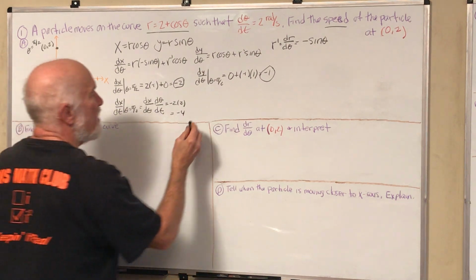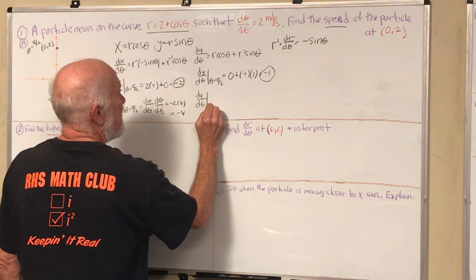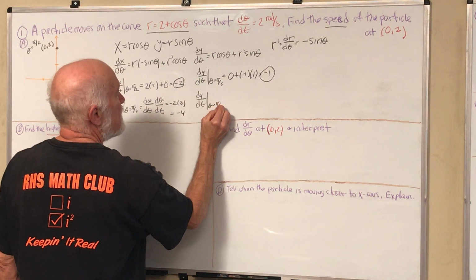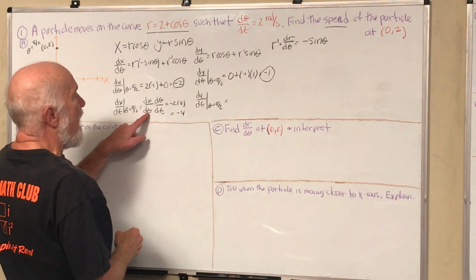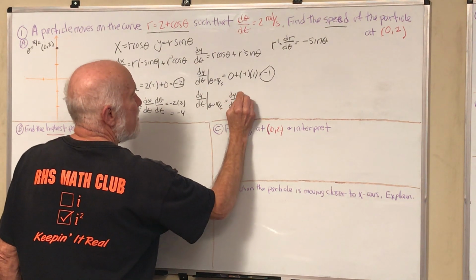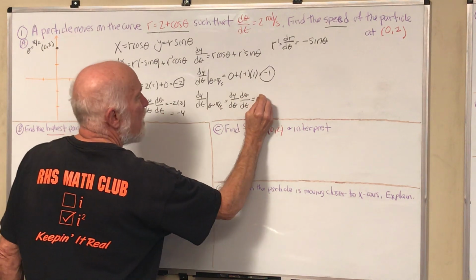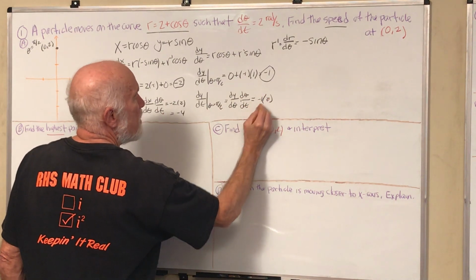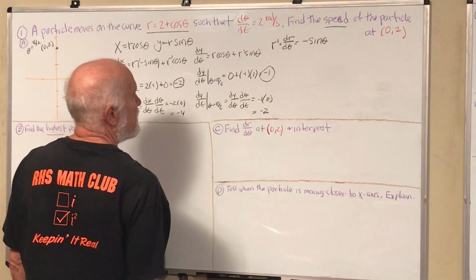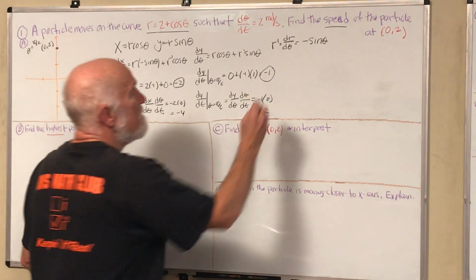And we do the same thing over here. dy/dt, at theta equals pi over 2, is dy/d theta times d theta/dt, which is -1 times 2, or -2. So now I'm able to get the speed.